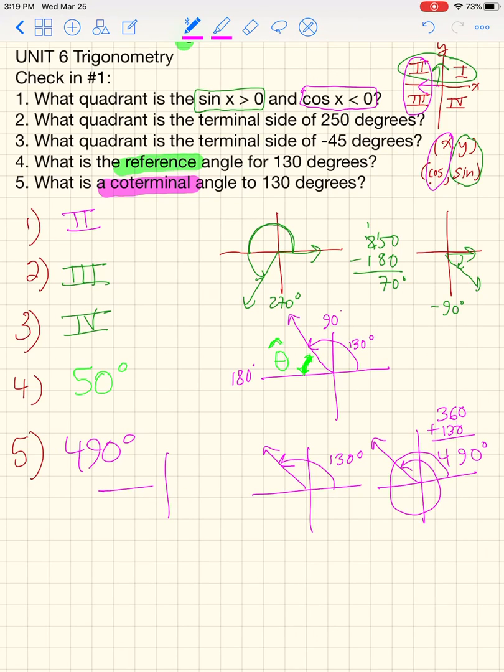If you want to get a negative angle that is coterminal to 130, you can go clockwise. So if you started at 130 and basically took away 360, you should be at, I believe, negative 230. And so that's how you can say either 490 or negative 230. All right, that was just a quick check-in, and now we're going to actually move on to the new material.